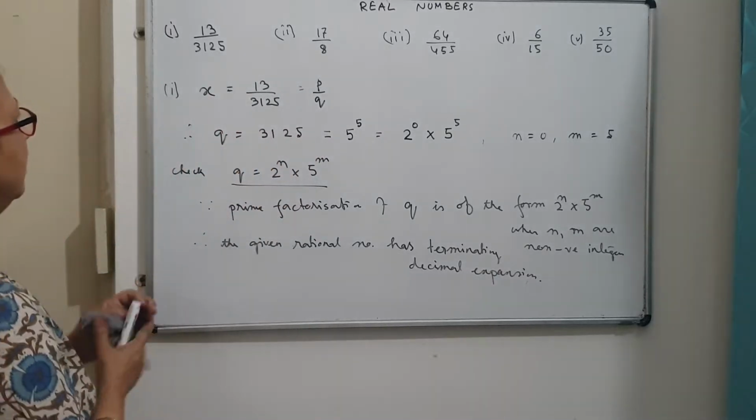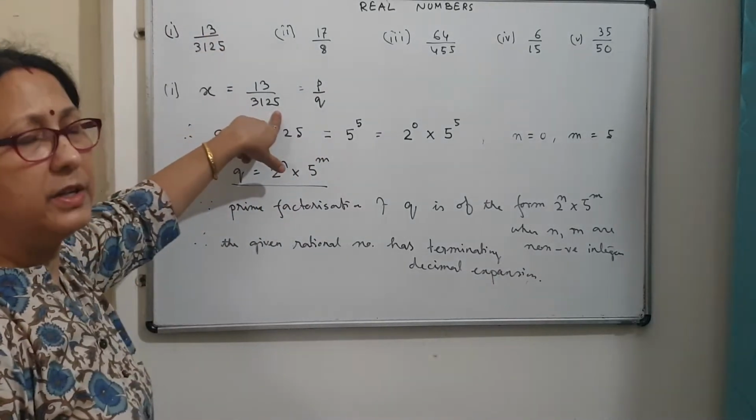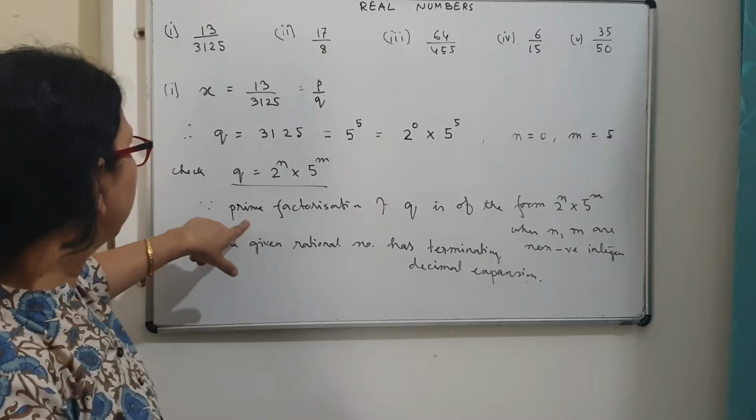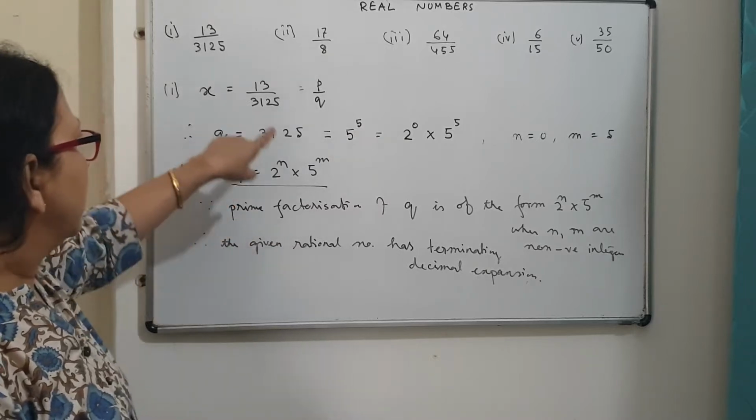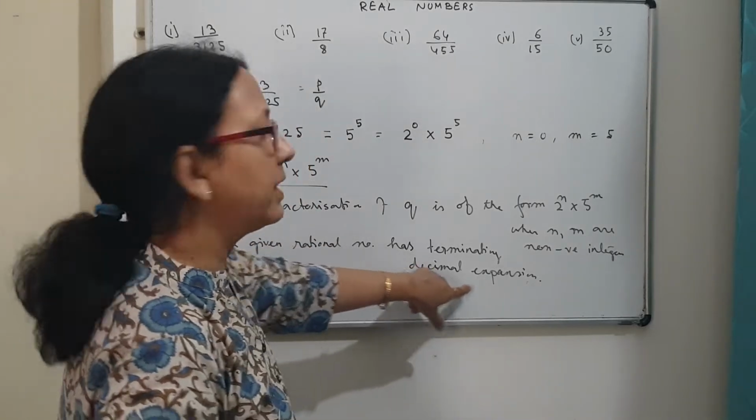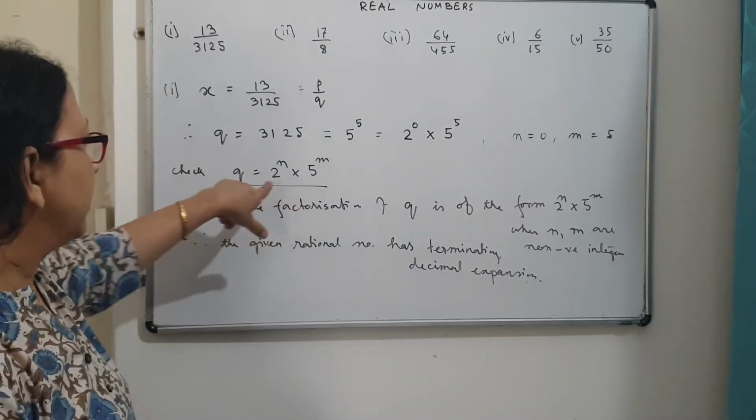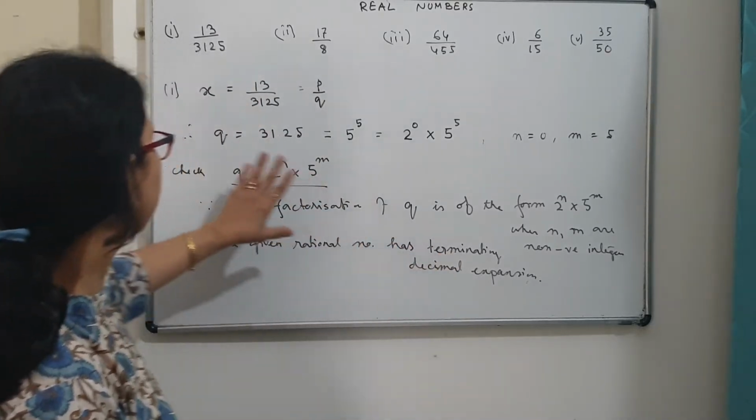So without dividing 13 by 3125, which is a very difficult division, we can say about the nature of the decimal expansion by checking this. So it is a terminating decimal expansion.